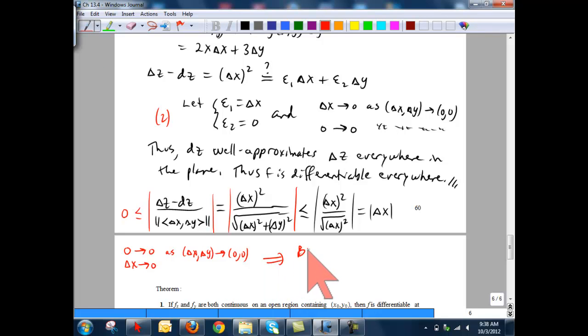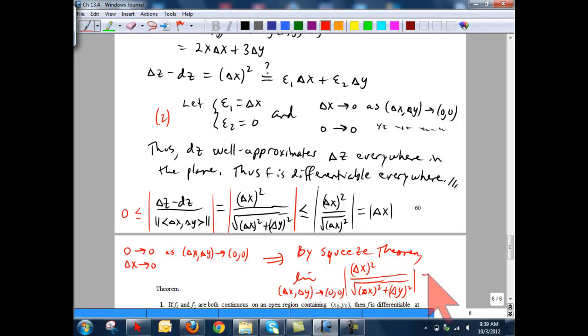And so, by squeeze theorem, the limit as delta x and delta y approach the origin of this expression, delta x quantity squared over the square root of delta x quantity squared plus delta y quantity squared, equals 0.